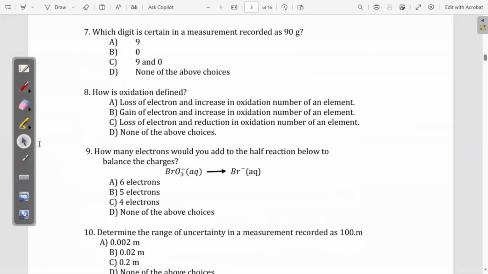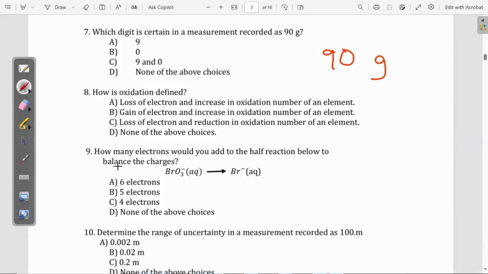Question 7, which digit is certain in the measurement recorded as 90 grams? Okay, so for us to determine which one is certain and which one is uncertain, we have to identify these digits.